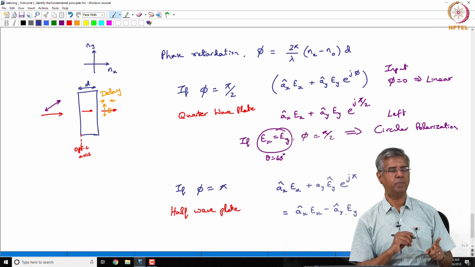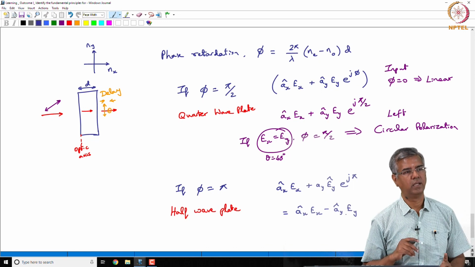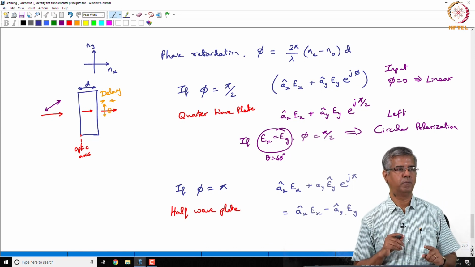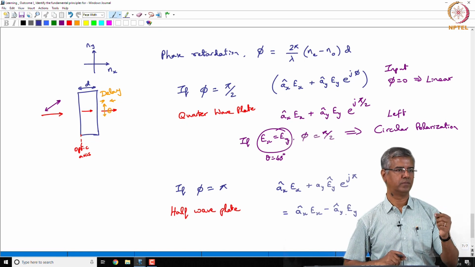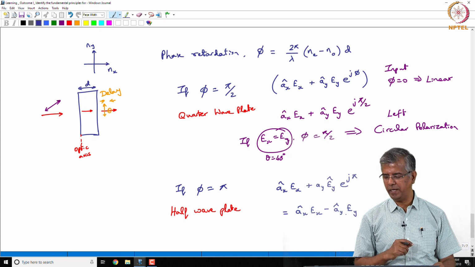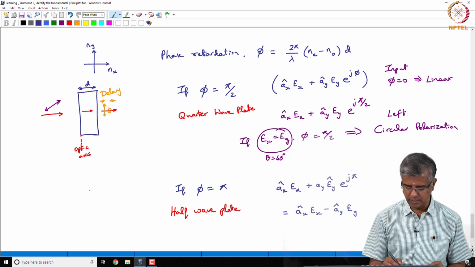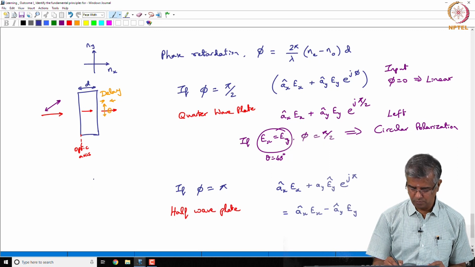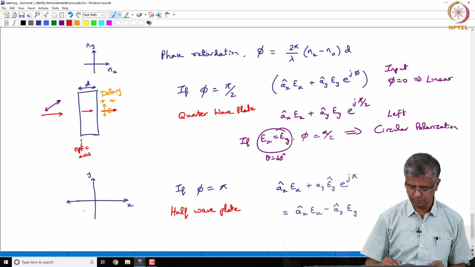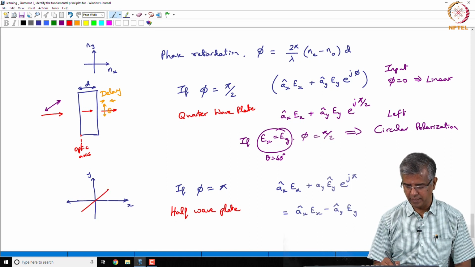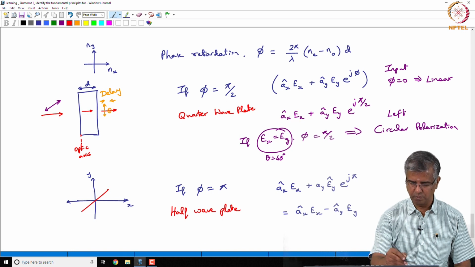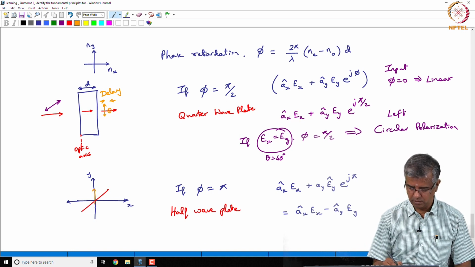So, whatever was the incoming polarization, the y component of the incoming polarization got flipped. So, if you have your x and y, let us say you have a linear polarization like this, then the x component remains the same, but the y component will get flipped.